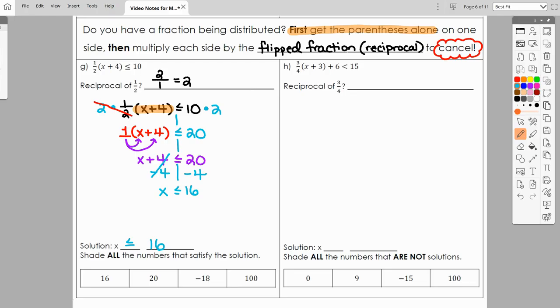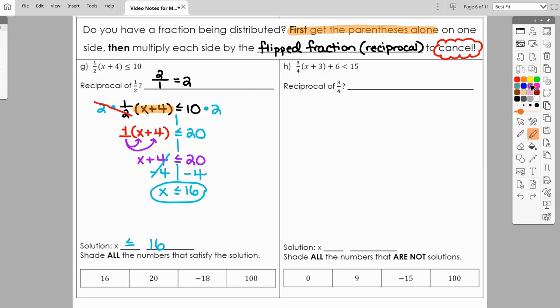But now I have to shade all the numbers that satisfy the solution. This word satisfies means that it's just in the inequality here. So I want to select all the numbers, I'll circle it, that are less than or equal to 16.